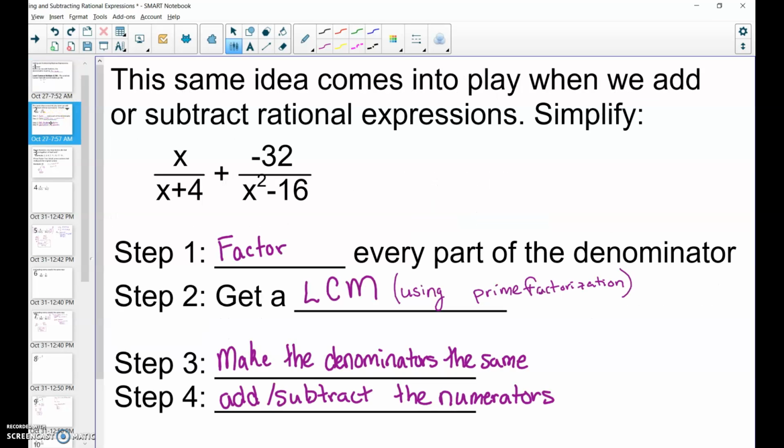Okay, so as we are looking at adding and subtracting rational expressions, we have 4 different steps. You're going to factor every part of the denominator. Okay, we're actually going to do denominator and numerator, so it'll just make it easier. Actually, I take that back.